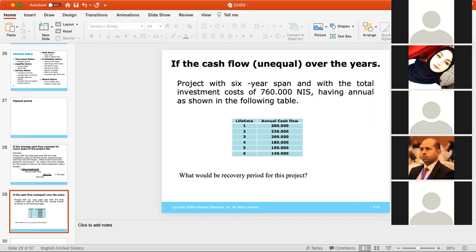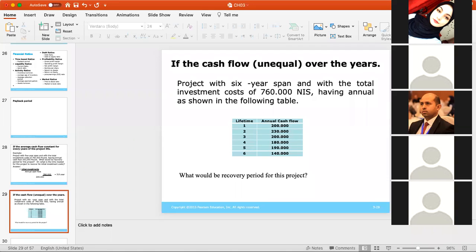Now again, we have to deduct the annual cash flow of the second year, which is 230,000, from the 460,000. The result is going to be 230,000.